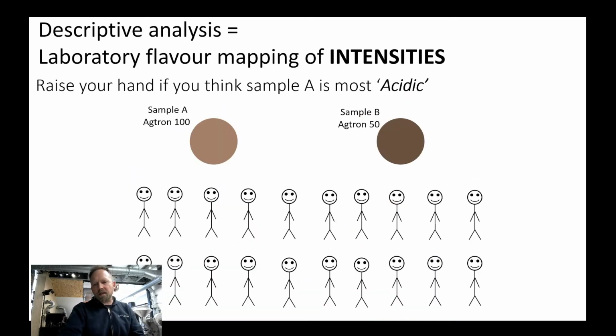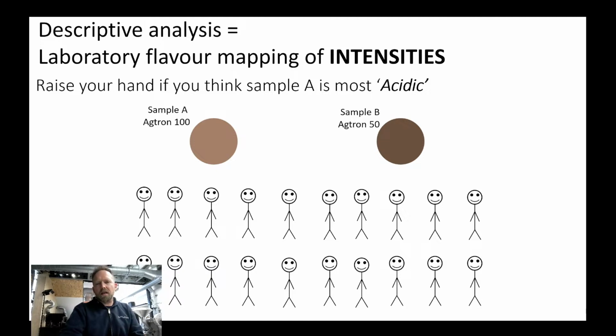So if we ask a group of people whom we calibrate for bitterness and acidity first, it's just serving a watery solution, citric acid for acidity and caffeine for bitterness. It's very quick and easy to calibrate people.